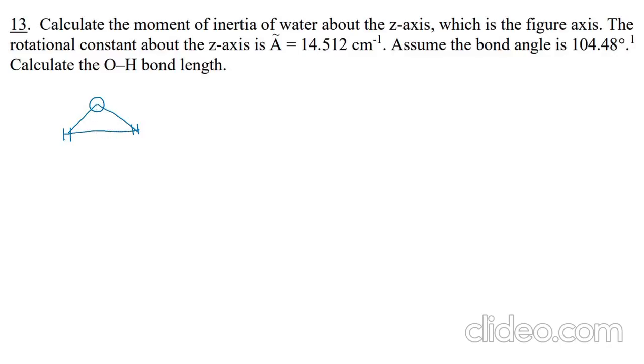And suppose it is making an angle of, suppose this is 2 theta. It is given the angle is 104.48 degree. Okay. And also it is given that this is Z. Let me draw the triangle in black.